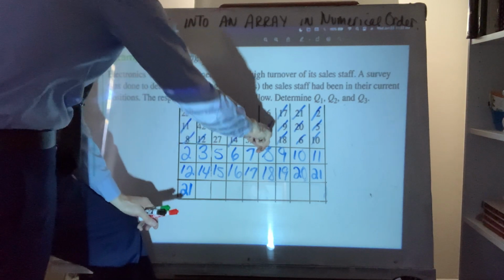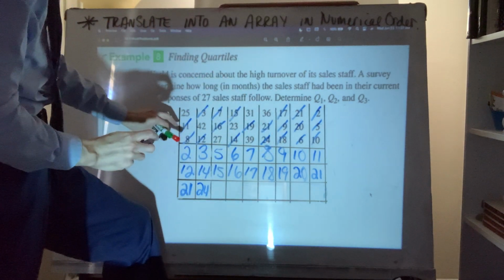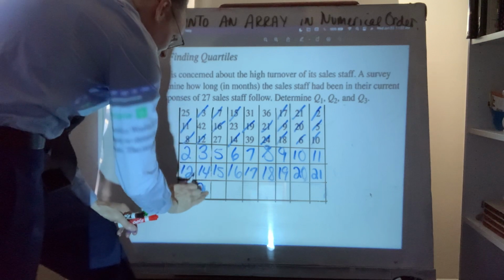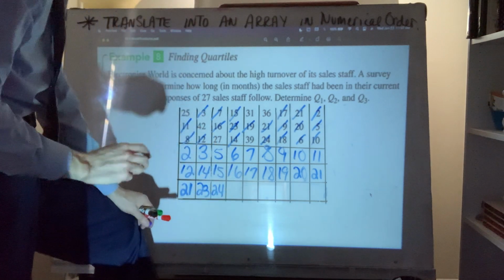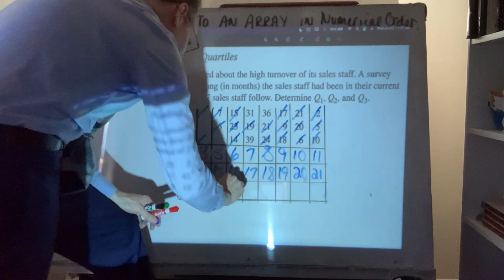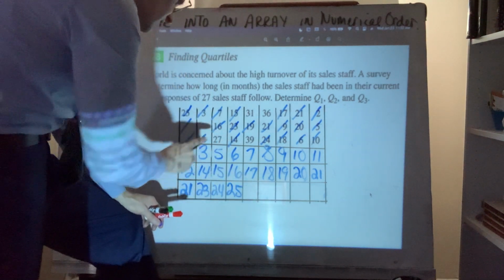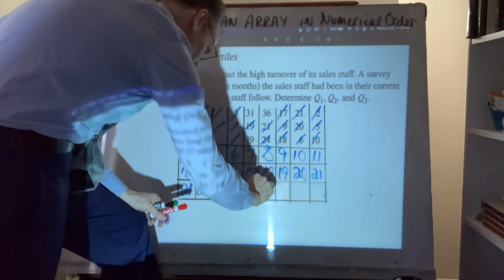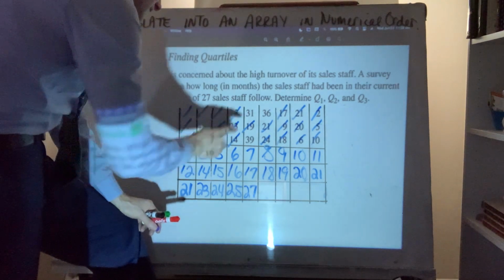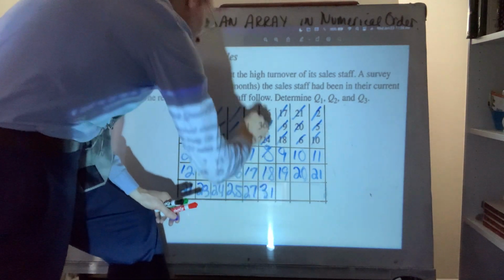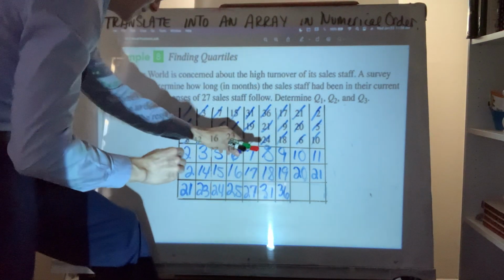Alright, then 24. Yep, 23 is first. And 24. 25. 27. 7's all lined up, that's cool. 31. 36. 39.